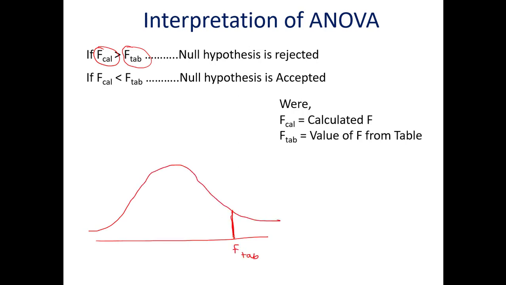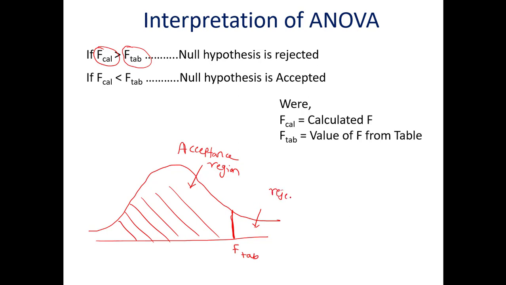Let's say this is the F tabulated value. Then this region is called the acceptance region, and this region is called the rejection region, or the LOS. Here we consider the LOS.